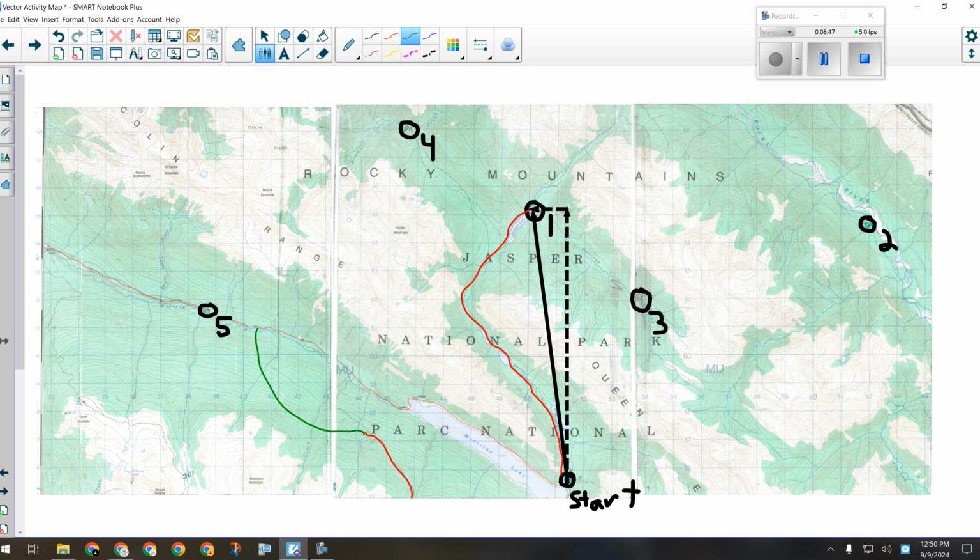So for each day, I am looking for distance, displacement, total time, average speed, and average velocity. Now, spoiler alert, for day one, your average speed is 1.5 meters per second. Why? Yeah, you spend the whole day on the trail.